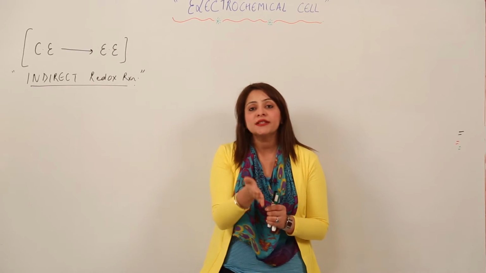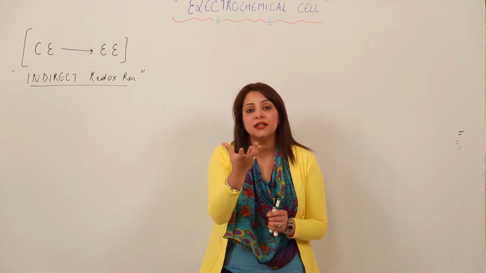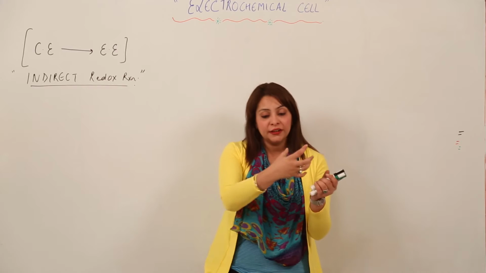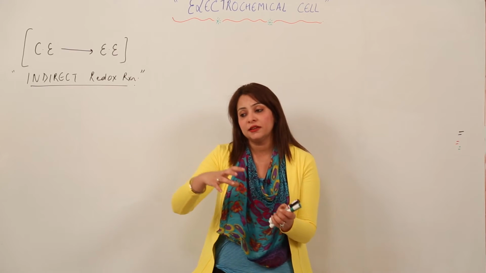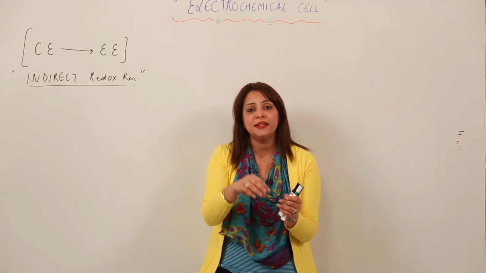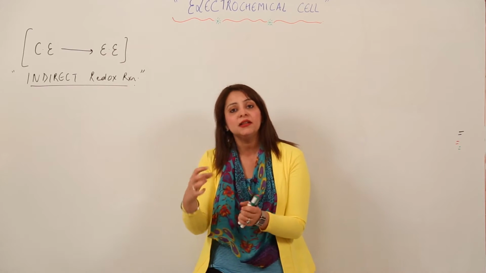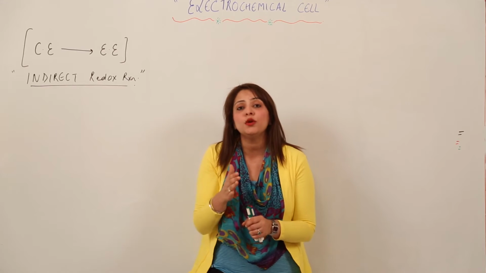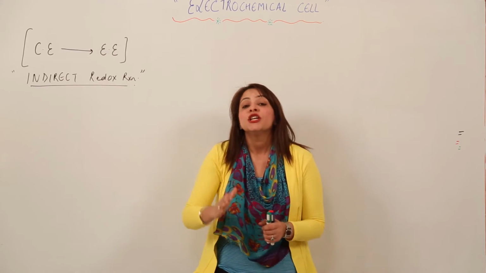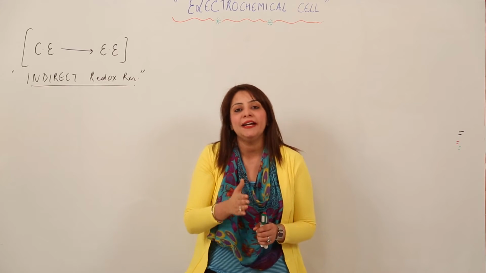The electrons given by one atom remained in the same beaker and were taken up by some other atom. So the electron was not allowed to travel a long distance. In that case it is called a direct redox reaction.